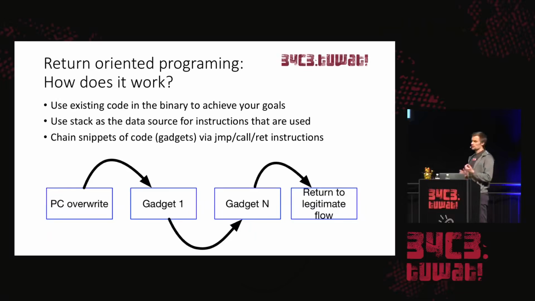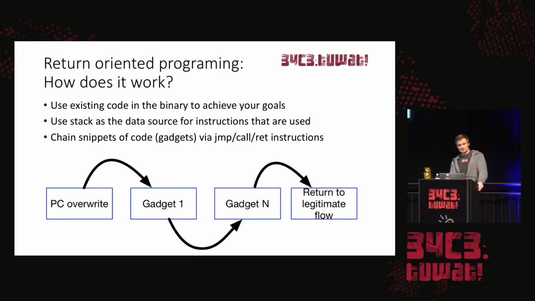So you use the stack not as a source of instructions, but as data for the code that you're reusing. You basically chain snippets of code. We call them gadgets, and you chain them together with jump or call instructions.